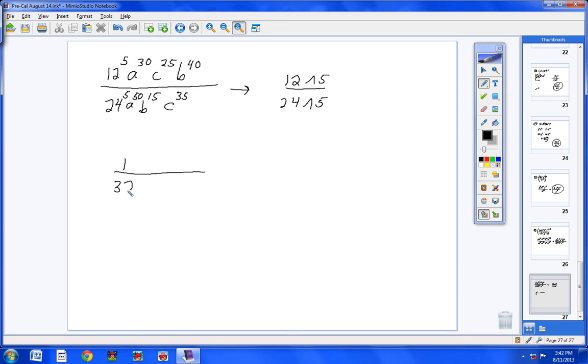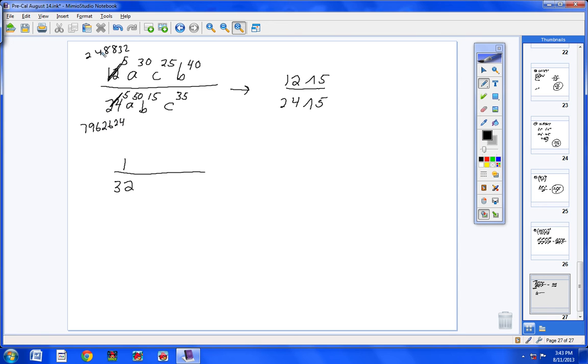But when you take 12 to the fifth power, you're getting a really large number, like 248,832. And when you're taking 24 to the fifth power, you're getting a really big number, like 7,962,624.